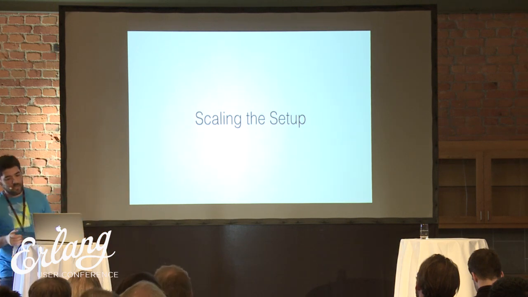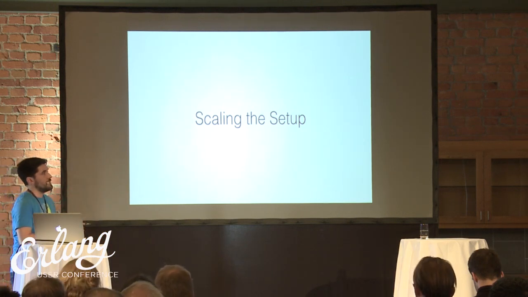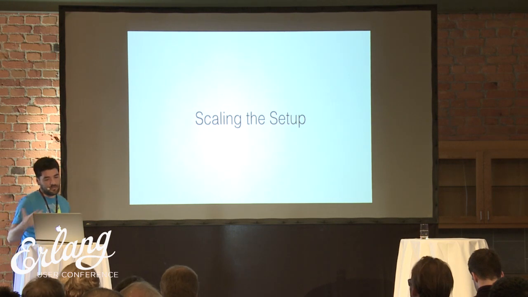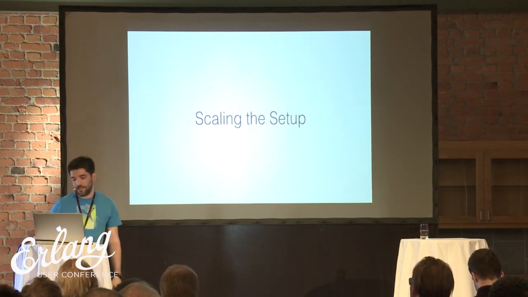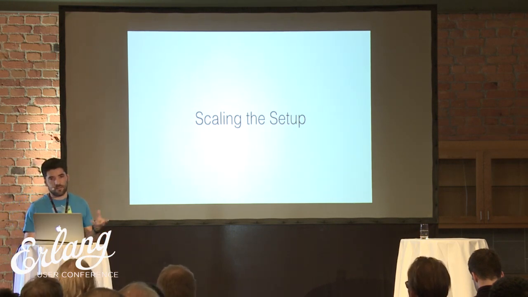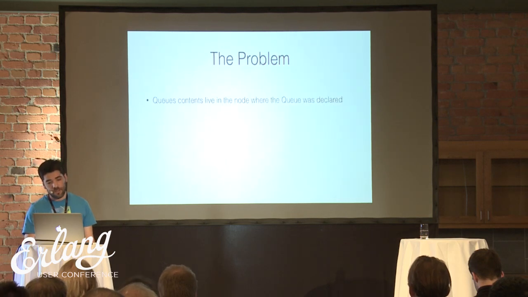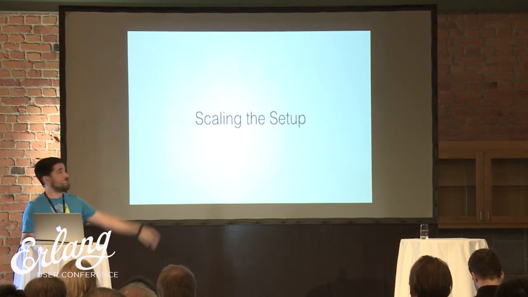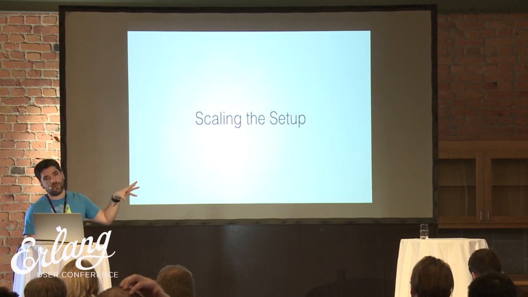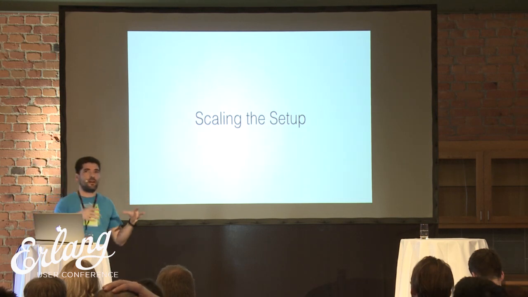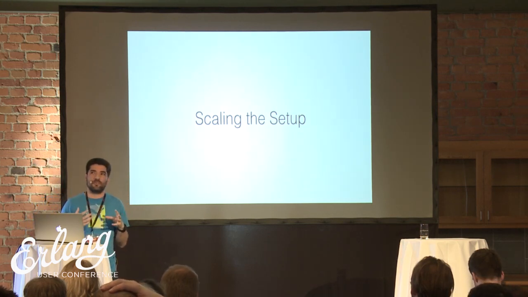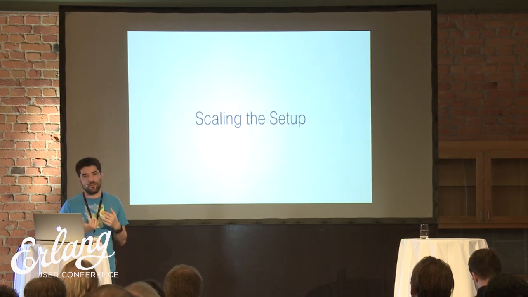So we got all the distribution of data, but there can be some problems, specifically related to how RabbitMQ and Erlang interact together. But keep in mind that if you reach this point of what I'm going to explain, you're really maxing out, I mean, not maxing out Rabbit, but you have a high volume of messages.